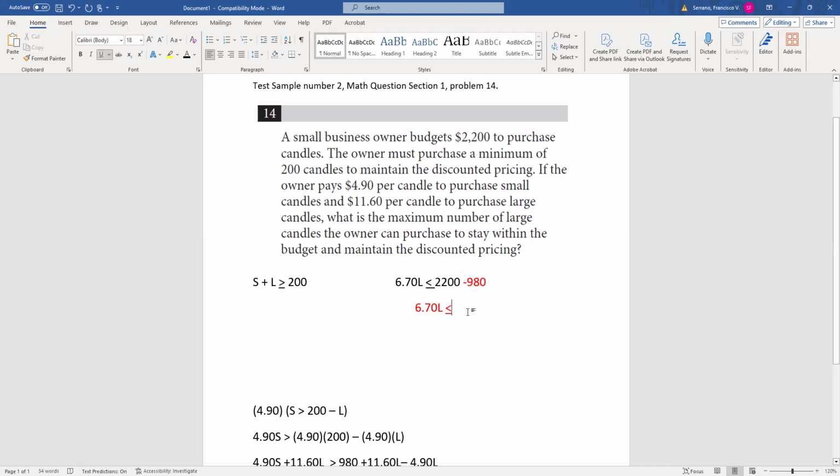All right, so that's going to be less than 2200 minus 980.